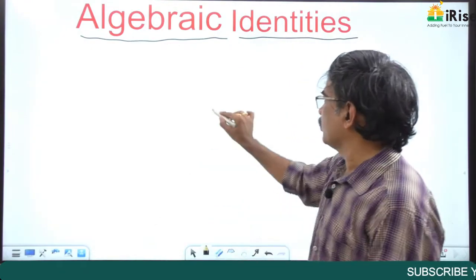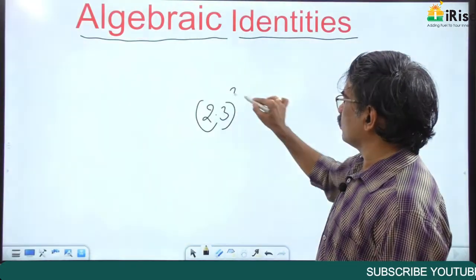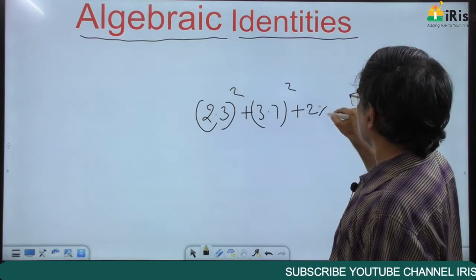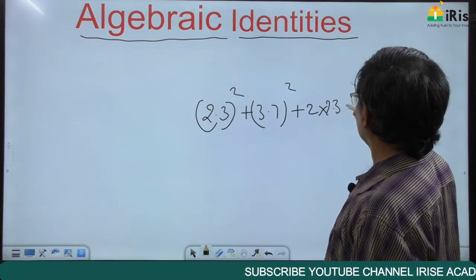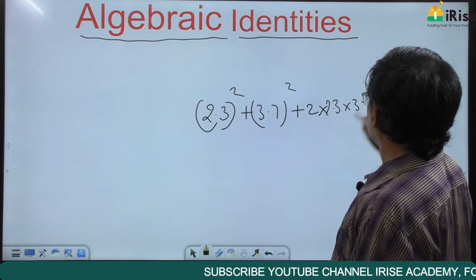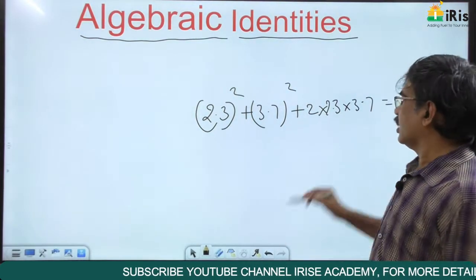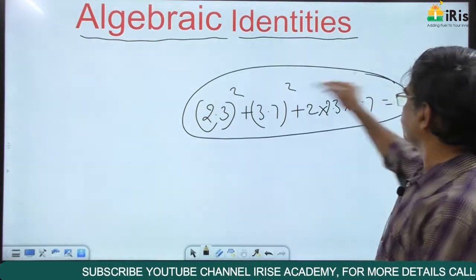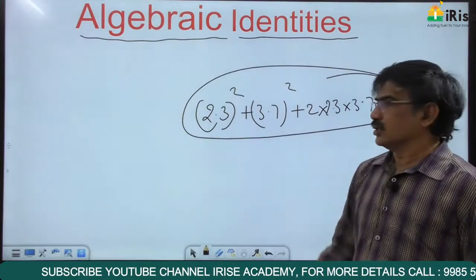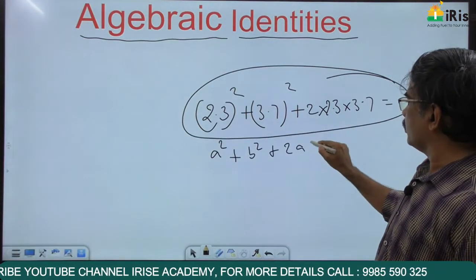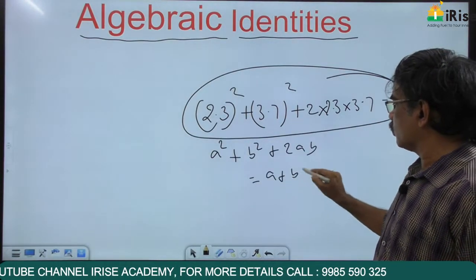For example, (2.3) whole square plus (3.7) whole square plus 2 into 2.3 into 3.7 is equal to how much? If you don't know the formula, this question is very difficult. This is in the form of a square plus b square plus 2ab, which is equal to (a plus b) whole square.